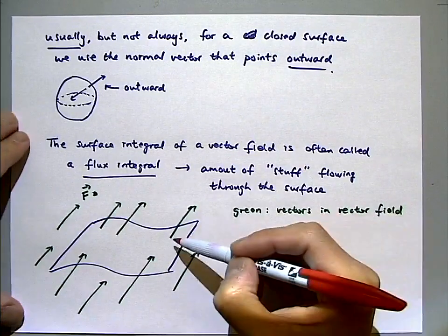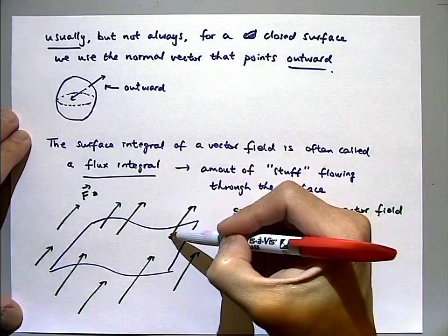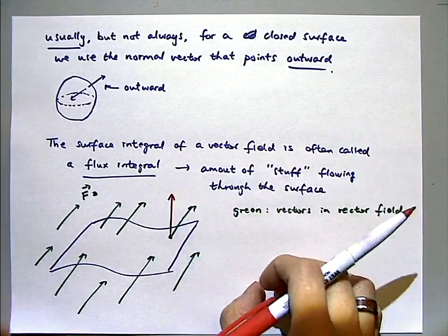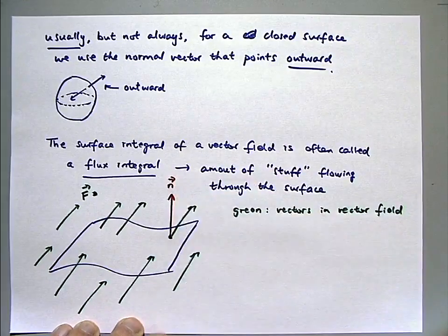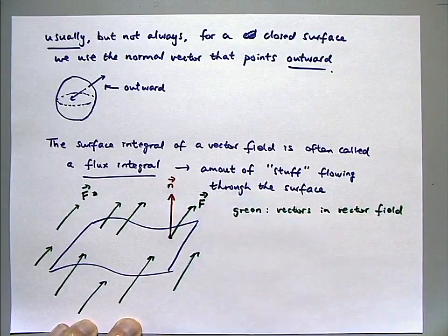And let's take right here. Now I'm going to draw the vector that's normal to the surface. So that's my normal vector. This is my vector field vector.